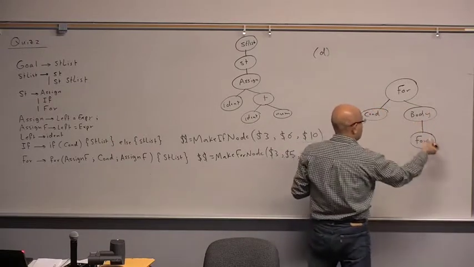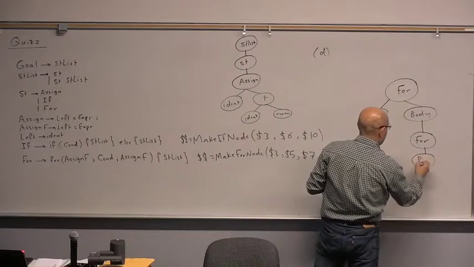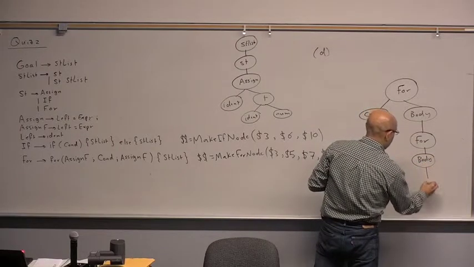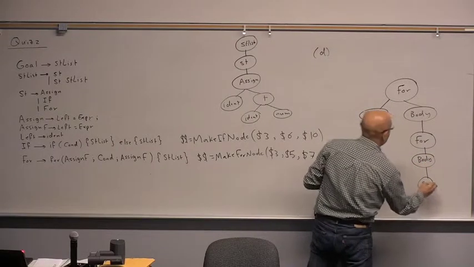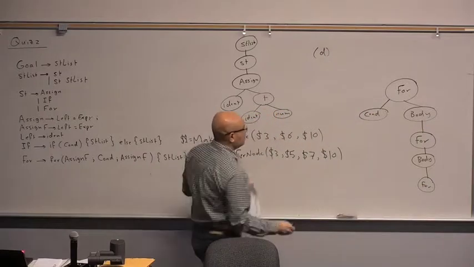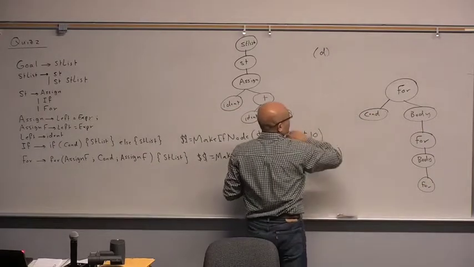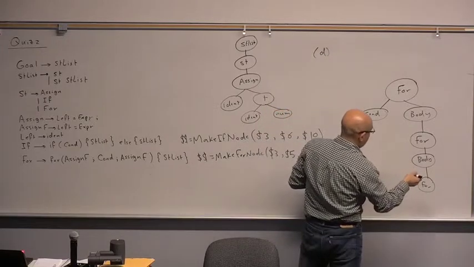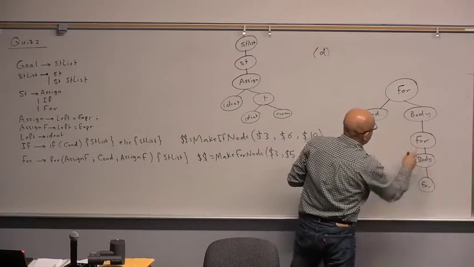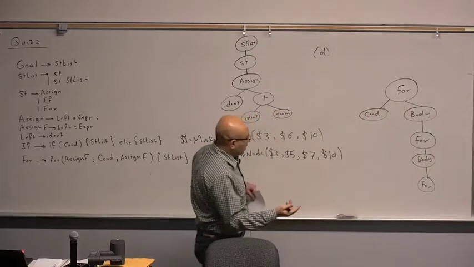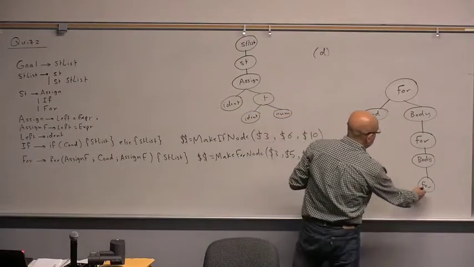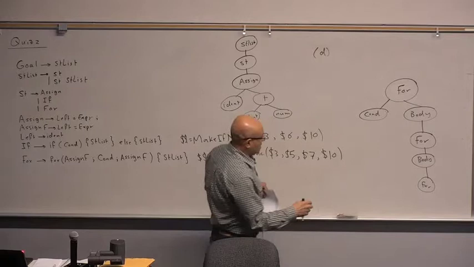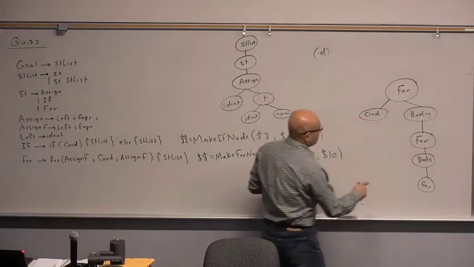And in that statement list for this, you may have another for. For example, the body may have a statement list, so you can have all of these fors. So this is at level 3, right?